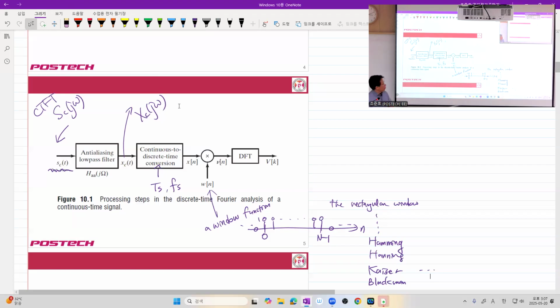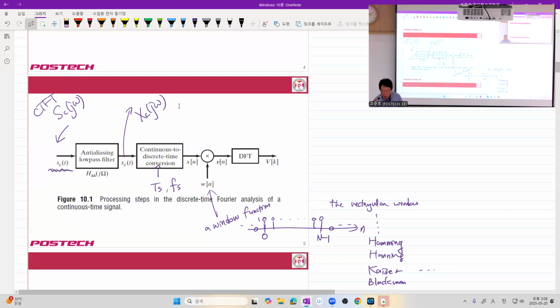now we have windowed signal, and let's assume this is time limited. So even though these are all arrows, you know that this arrow means continuous time signal. This arrow also means continuous time signal, and the next one is discrete time, and actually even though it is discrete time, this means a vector.